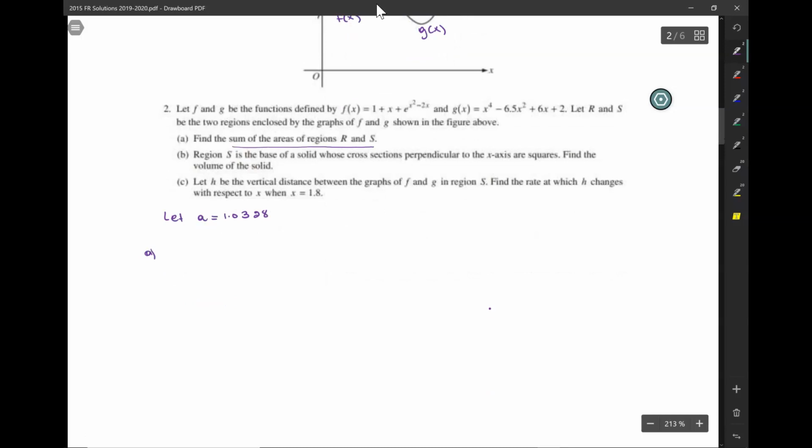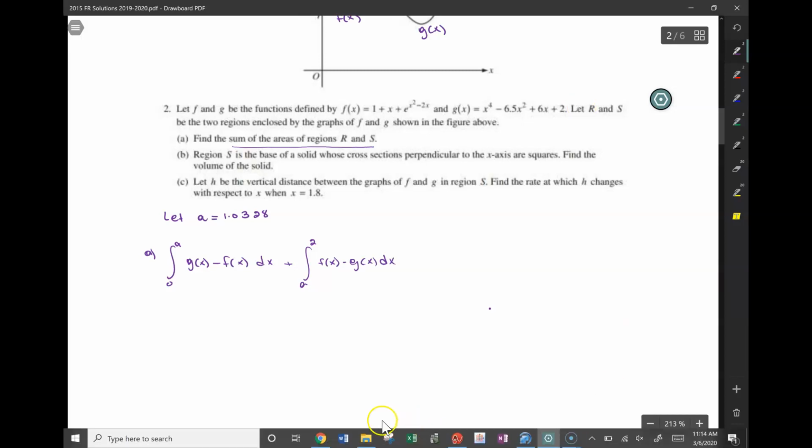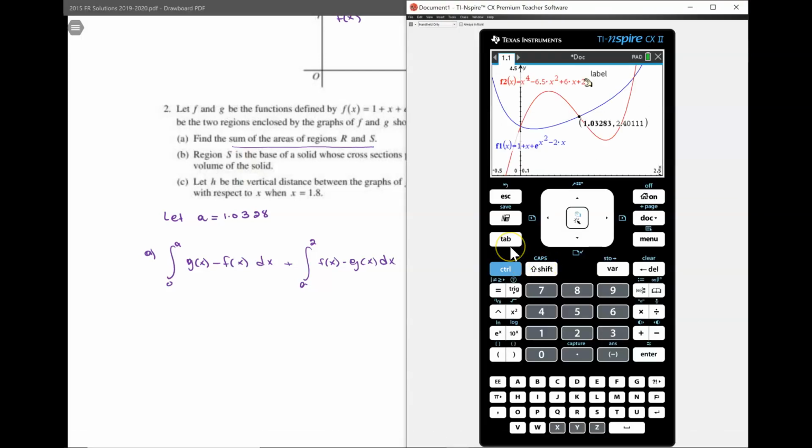And now for part A, you say the integral from 0 to A of g of x minus f of x dx, plus the integral from A to 2 of f of x minus g of x dx. Why did you write the number instead of A? Just to cover my bases. Instead of writing A, I write just the number. I guess, yeah, it's fine.